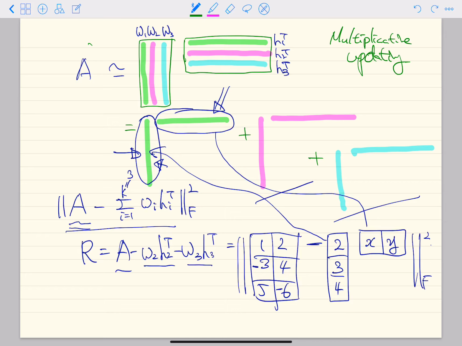So in this case 2k block coordinate descent, right? And then at an extreme, if we set just a single variable as our individual blocks, how many blocks do we have? m by k plus k by n block coordinates, right? Because we have that many elements.